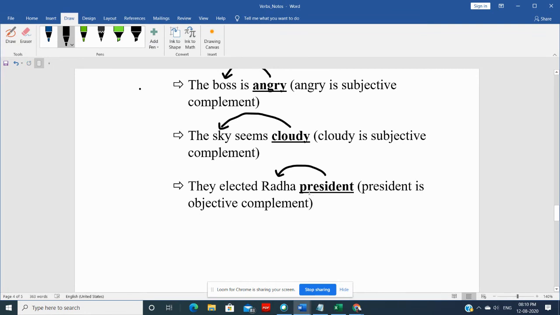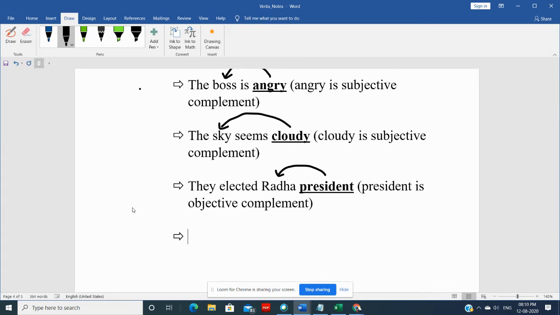Why is this not talking about they? Because who is president? Radha. And they here is the doer of the action, because they elected Radha. That's why this word president, which is a complement, is actually an objective complement.